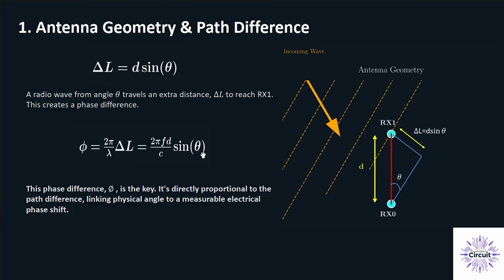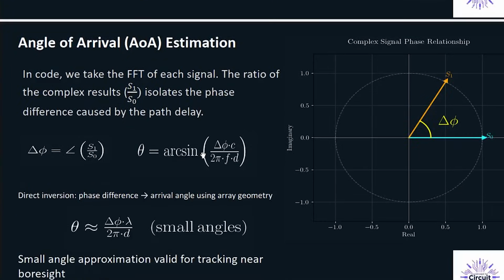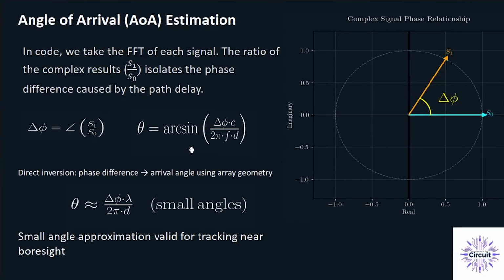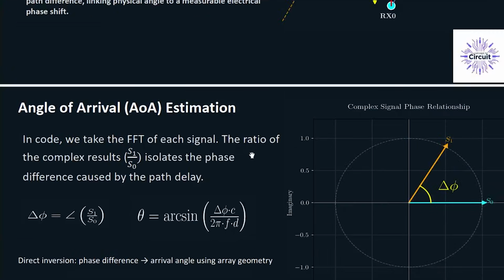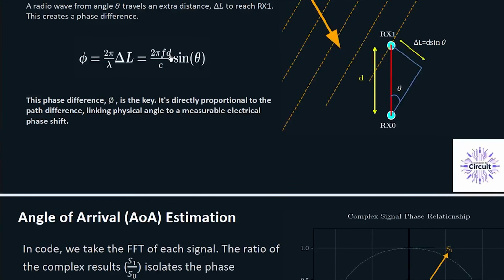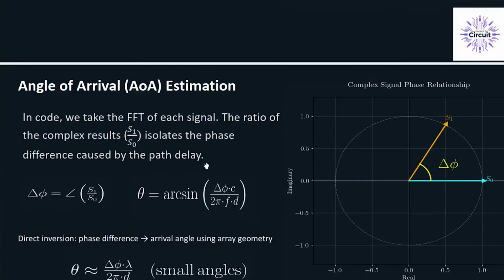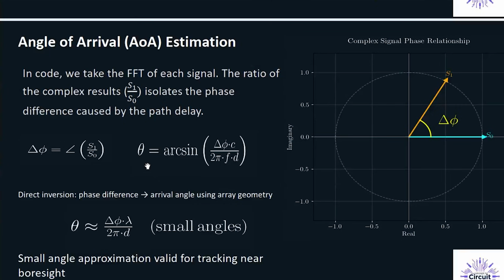It's just a matter of finding the delta phi and then taking the arcsine, the inverse sine, of that equation. So basically, I can find theta by taking the inverse sine of delta phi multiplied by c over 2 pi f d, which is here, and find theta.